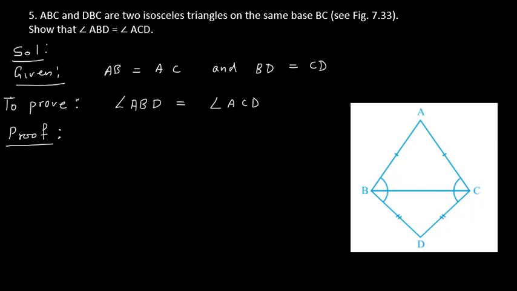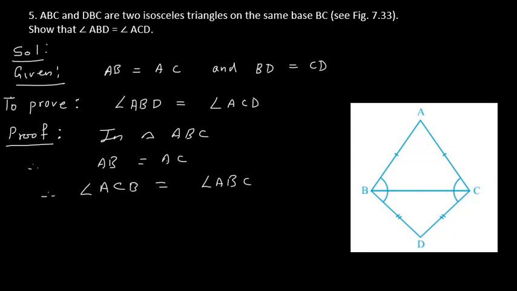Now in proof I will say that in triangle ABC, AB is equal to AC, therefore angle ABC or angle ACB, the angle opposite to side AB is angle ACB, this is equal to angle ABC.